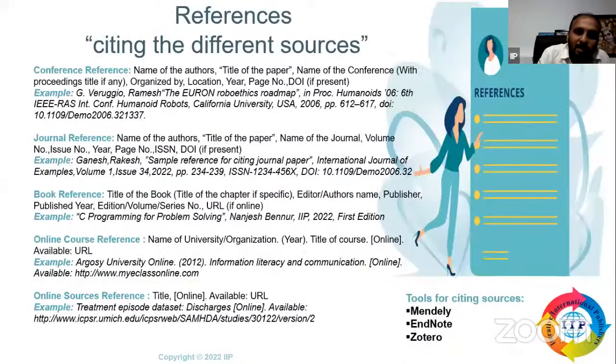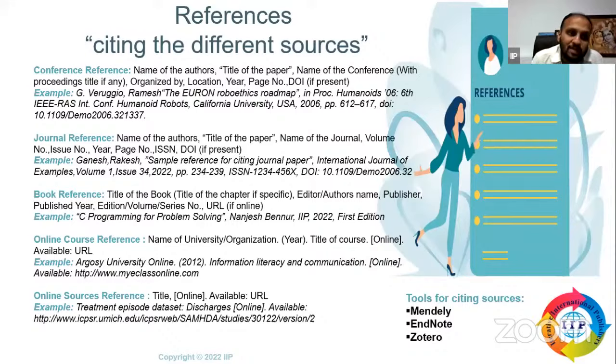This slide will show you how we can cite the different sources in our book when we are using content or information from other valid sources. If you are taking content from conference proceedings, this will be the format to mention the source where you are taking the information.